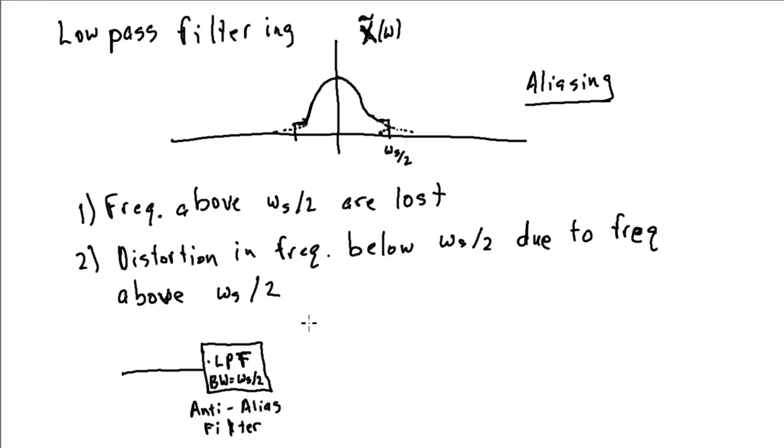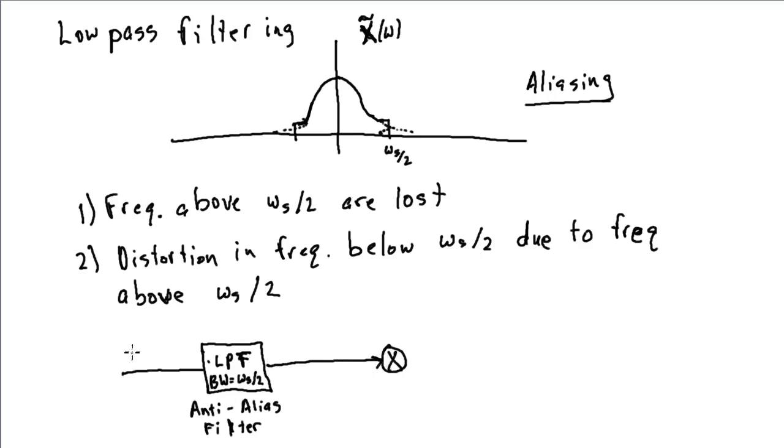We're still going to lose any frequencies above omega s over 2. They're now going to be lost by low pass filtering, but at least they're not going to be causing additional distortion. And so this would occur before sampling.